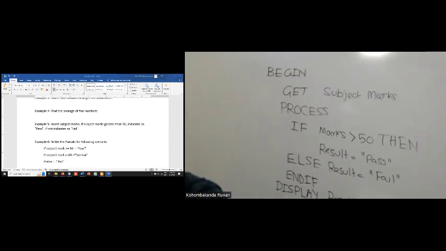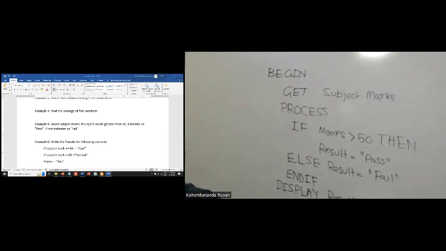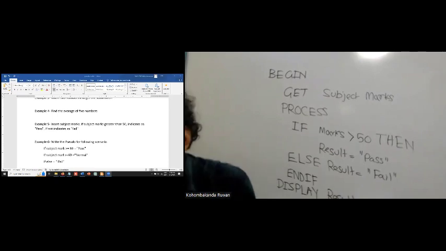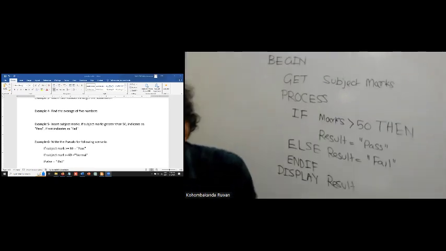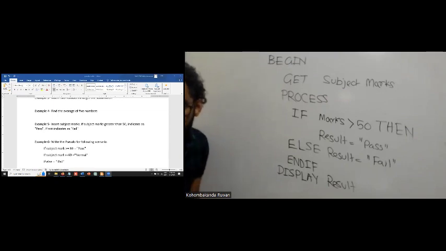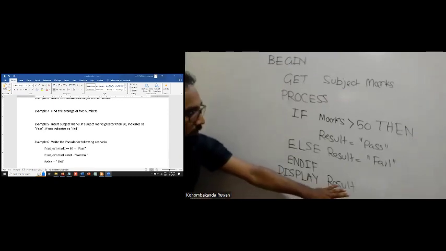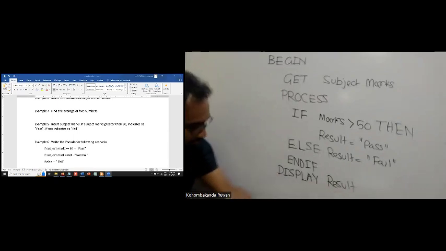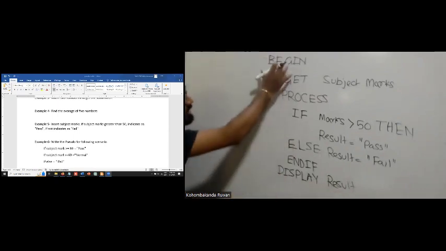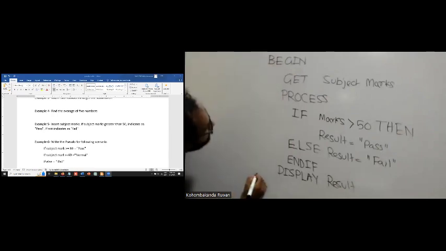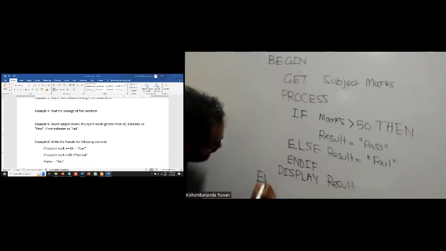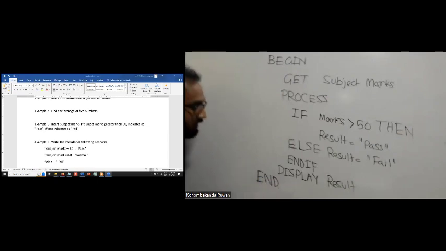Sir, do we need to write display equals, or display result? Display result. No need for equals. It's one statement. Then we can close the process. In this line I will write end. This is the way we can write this.